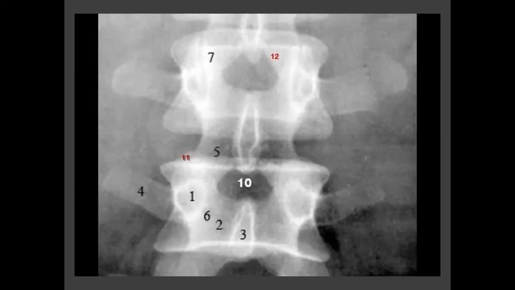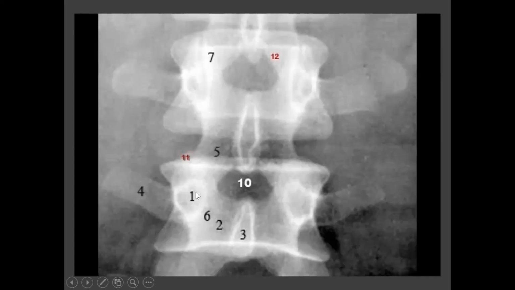So it is superimposed. Anterior, middle, posterior, all structures are superimposed. So in your brain you have to convert this 2D image into a 3D image to understand which structure is which, because there is overlapping of anterior and posterior structures.